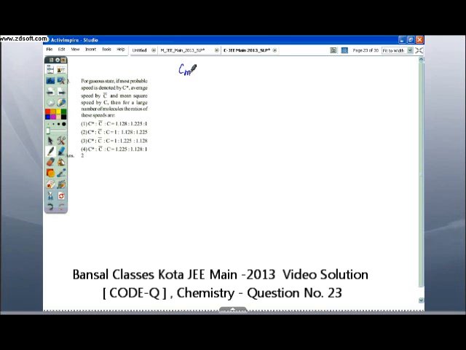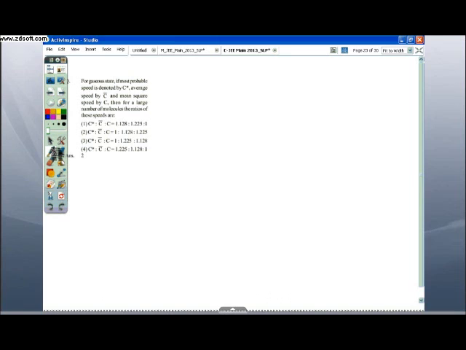Next question is, for gaseous state, if most probable speed is denoted by C star, average speed by C bar, and mean square speed by C, then for a large number of molecules, the ratios of these speeds are?